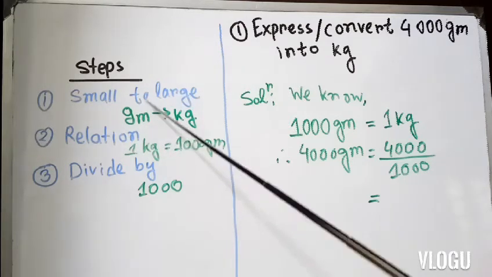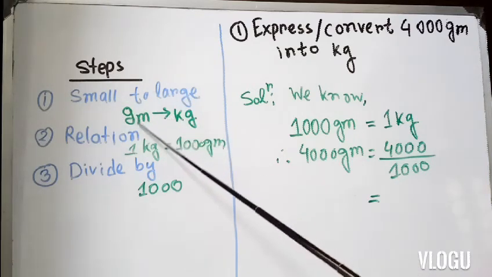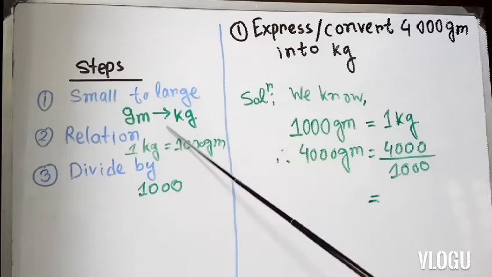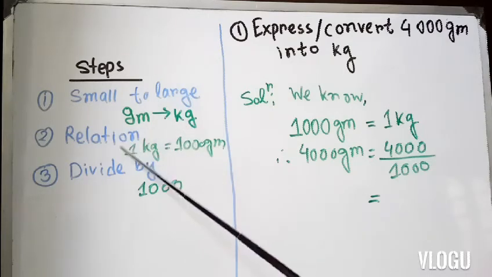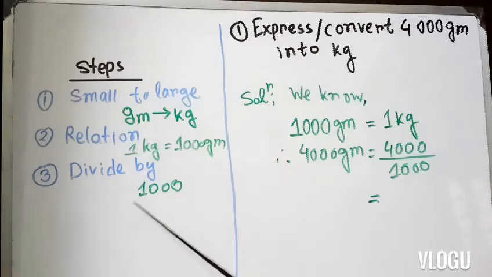And then we have to find out what is the relation between kg and gram. We know 1 kg equal to 1000 grams, so we have to divide by 1000.